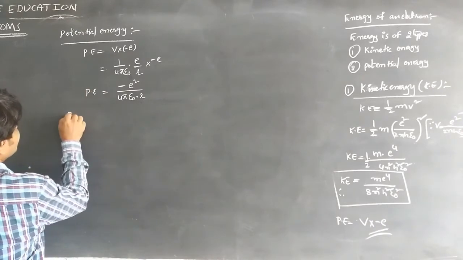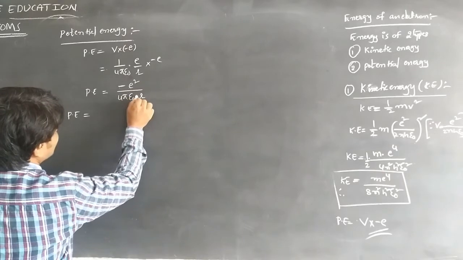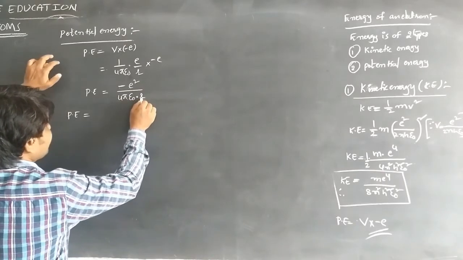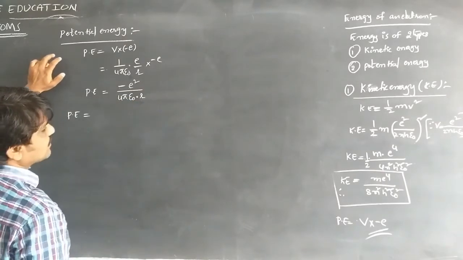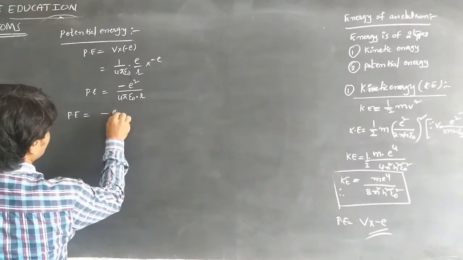From that, we have the equation minus e square by 4 pi epsilon naught into r. We have the equation for radius. Radius r is equal to n square h square epsilon naught by pi m e square.